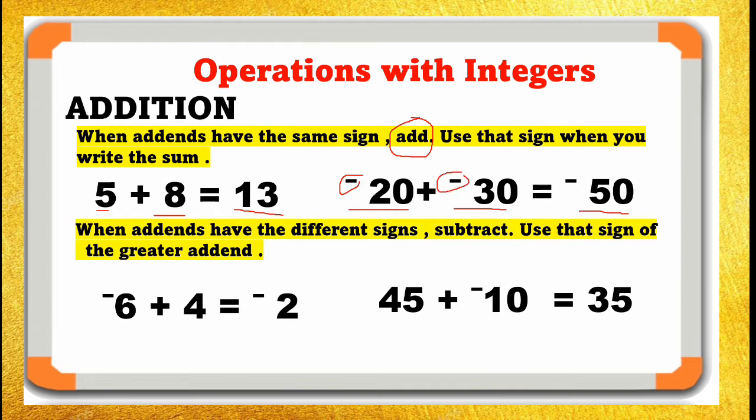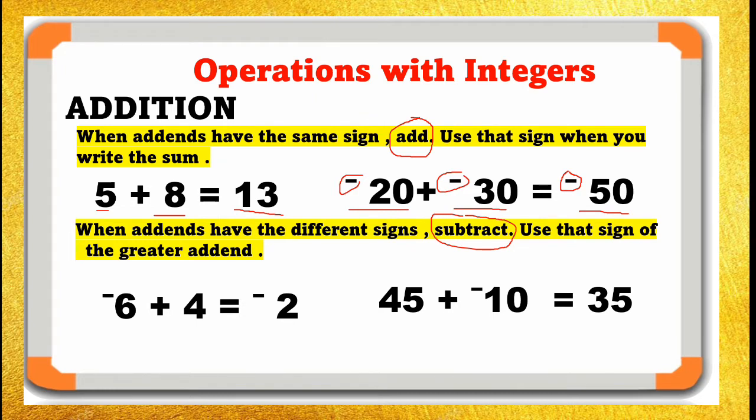Of course, you are going to take the sign in the sum. Now, when addends have different signs, you are going to subtract. Use the sign of the greater addend.